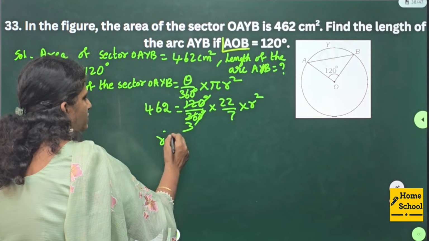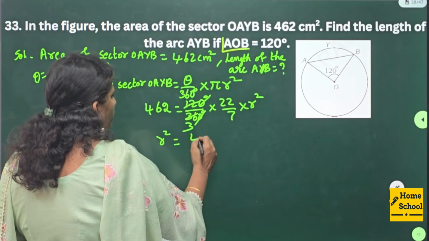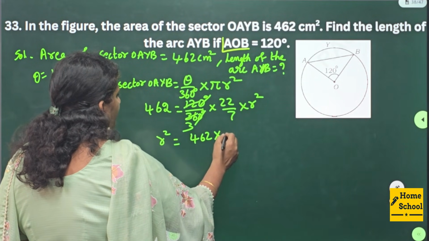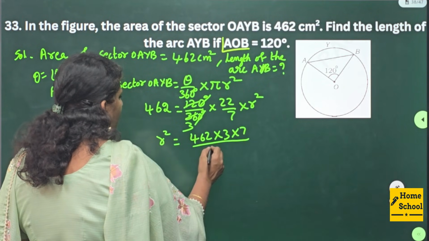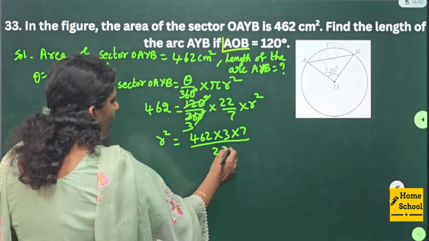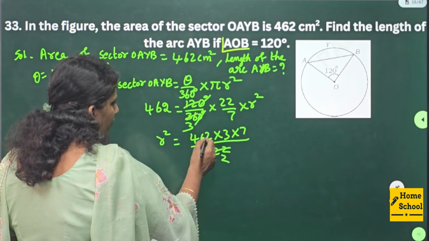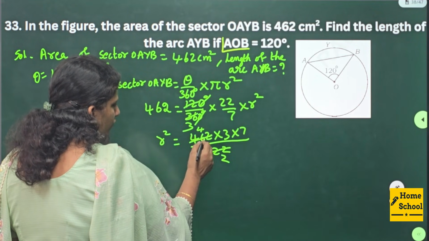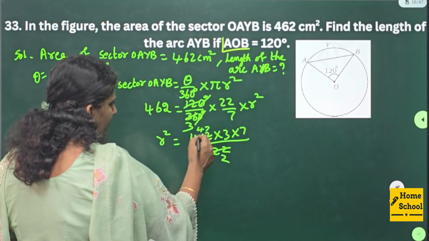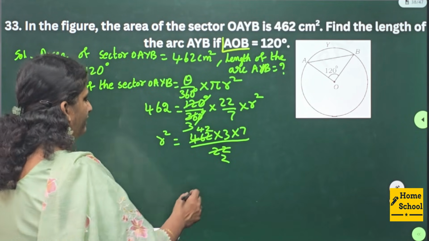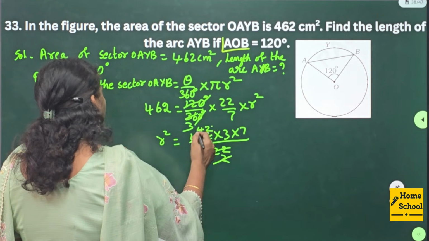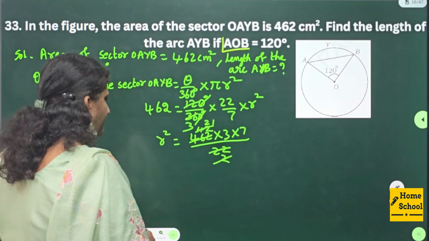Okay, now r square is equal to 462 into 3 into 7 by 22. 11 2s are 22. 11 4s are 44. 2 left, 22 means 11 2s. Right? Then again with 2. 2 2s are 2 1s.